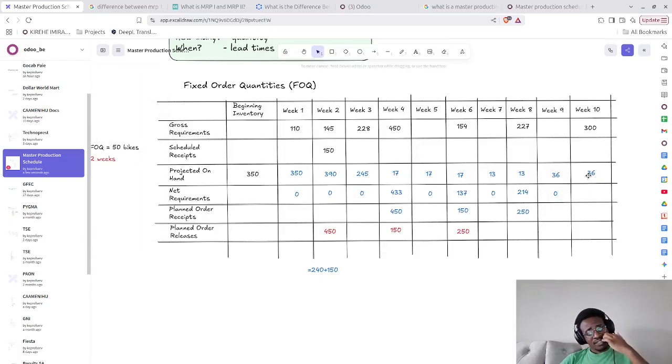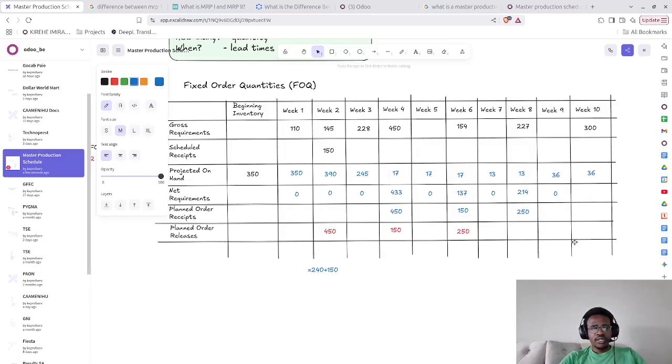Now I have 36, but I need to meet a demand of 300. So what's the difference? What's my requirement to fulfill this demand? It will be 300 minus 36, that's 264. But I cannot buy 264 bikes.